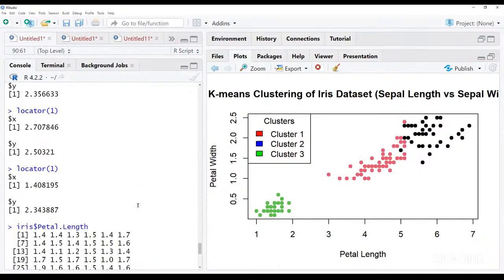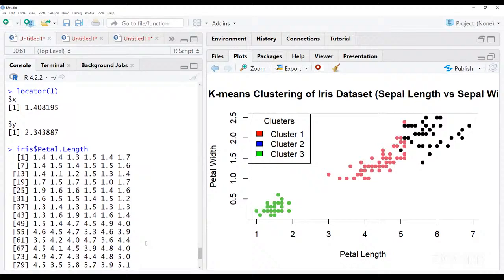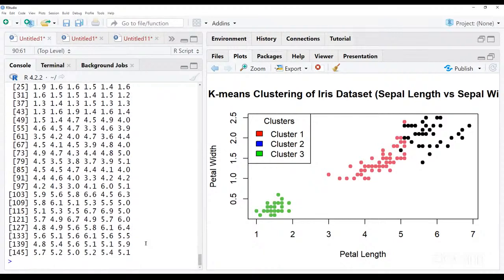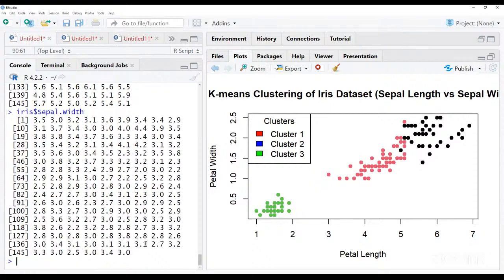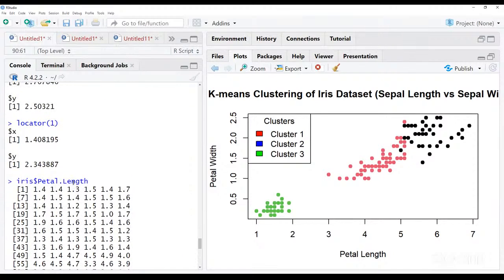It is based upon the petal length 3, and petal width will be 1.0. What is your 3? Okay, we have to find out later on.